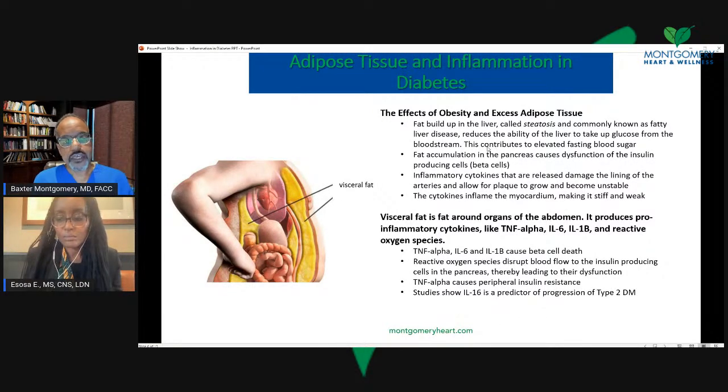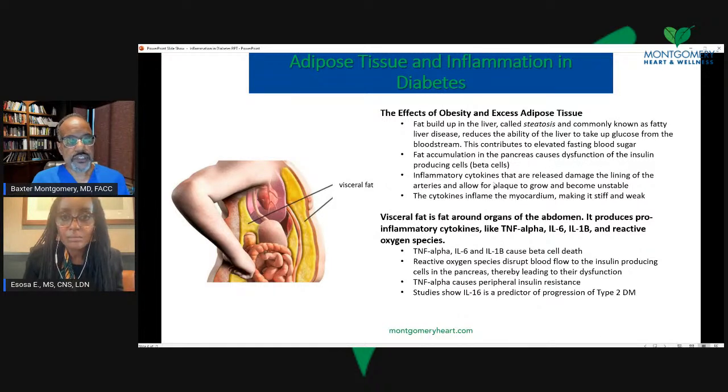You can also have inflammation of the liver cells, the hepatocytes, and when they become inflamed, you have hepatitis. Then you can progress to cirrhosis of the liver. So you have an early impairment of liver function, which contributes to metabolic dysfunction, which contributes to insulin resistance. You also have fat accumulation in the pancreas, which can cause dysfunction in insulin.